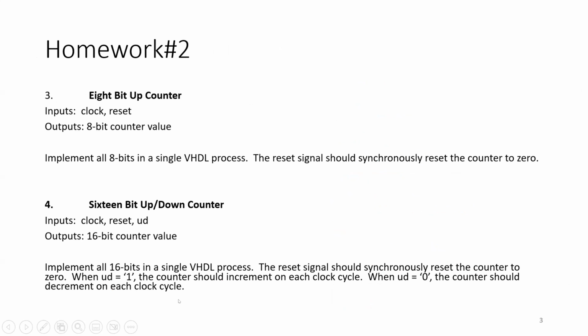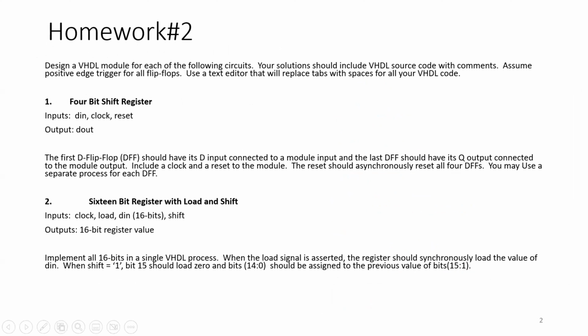When the load signal is asserted, the register should synchronously load the value of DIN. We did that. When shift is high, bit 15 would load 0 and bits 14 to 0 will start taking whatever was assigned to 15 to 1.